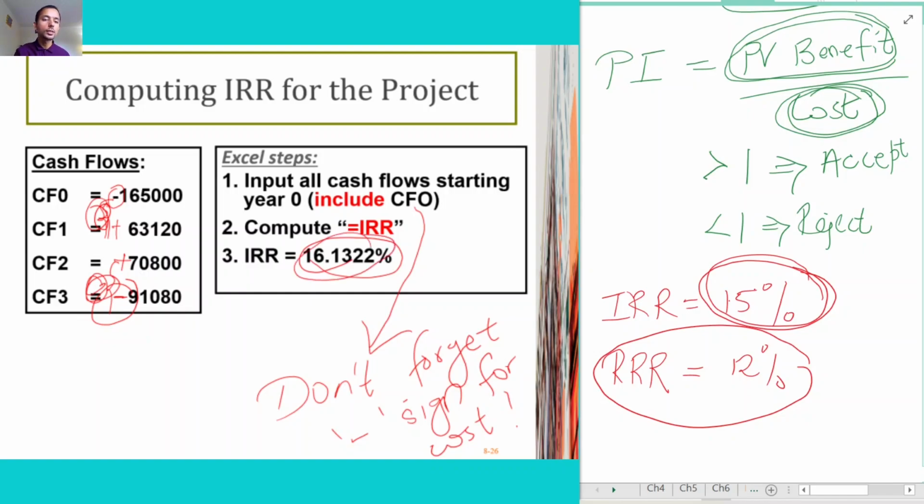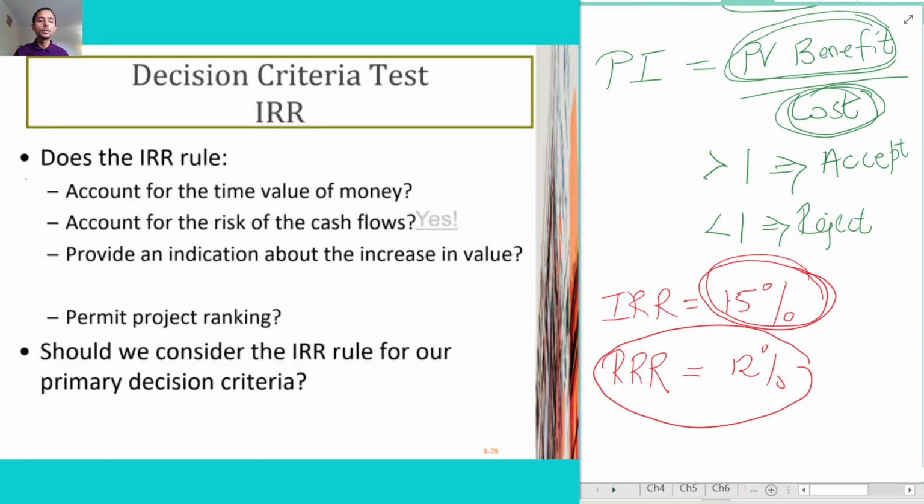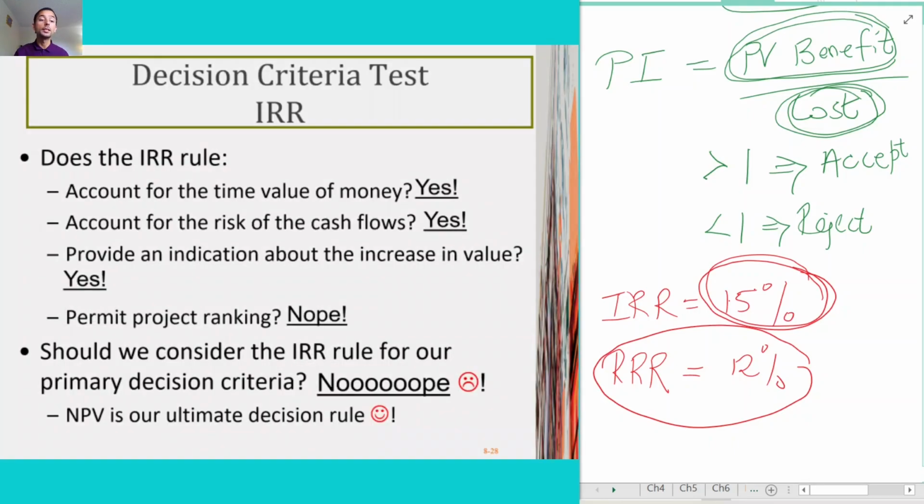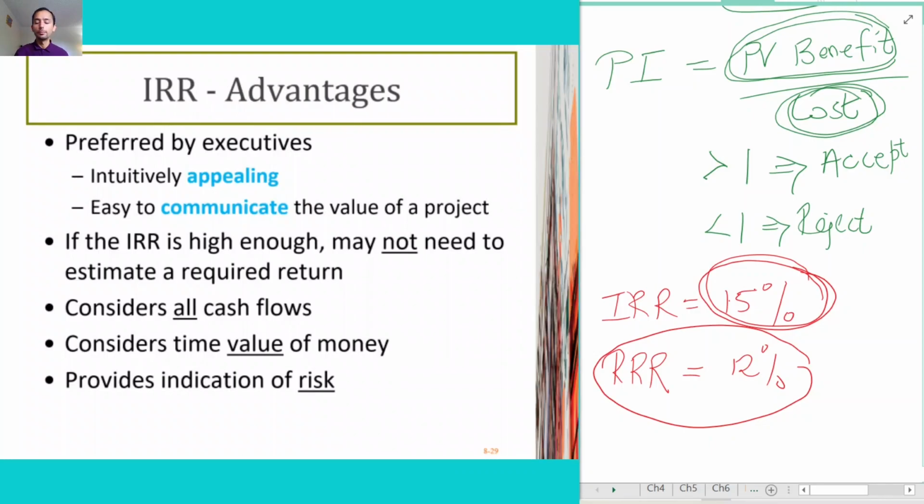So your IRR is 16.13, and maybe another IRR would be, let's say, 24%. Now it's confusing: which IRR do I use to evaluate the project? So when there are multiple IRRs, it can create more confusion. That's one of the big disadvantages of IRR.